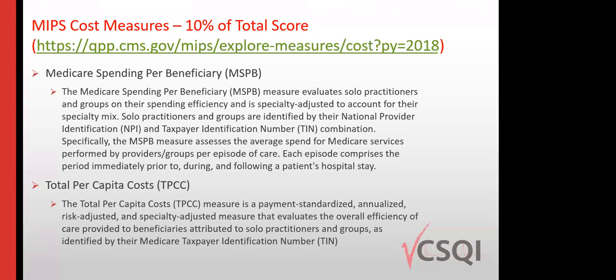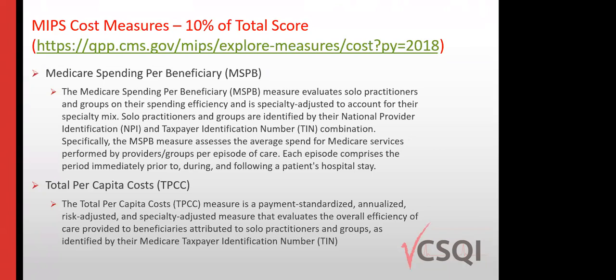Why is this important? Well, when you have a better feel for where your costs lie, you can make changes, and ultimately, hopefully your patients are happy, or you're happier with your financial status, plus the data that you are sending to Medicare through claims, the administrative data that are showing your charges and costs, are going to be used to calculate these 2 measures that are now part of MIPS.